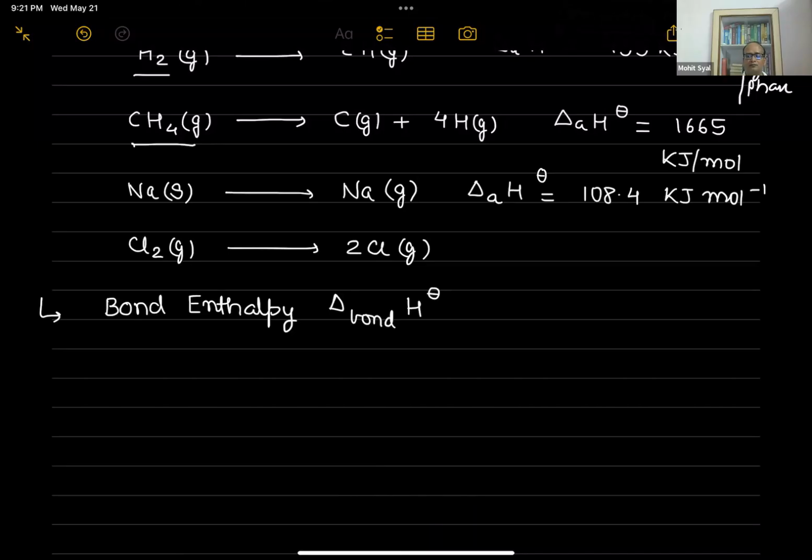It is the enthalpy change when 1 mole of bonds is broken. It can also be known by the abbreviated form BDE, which is bond dissociation enthalpy.